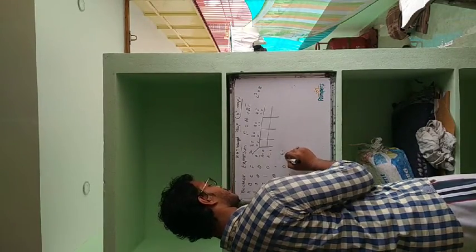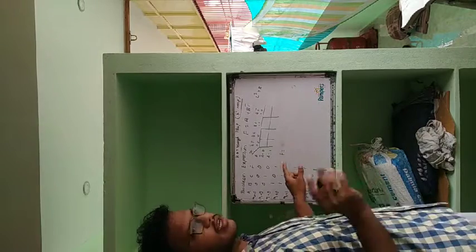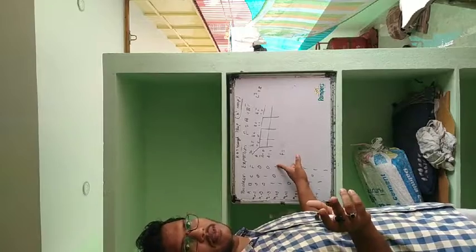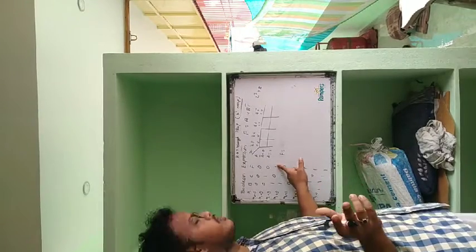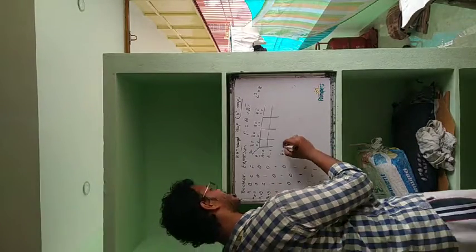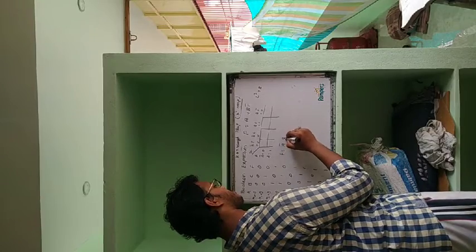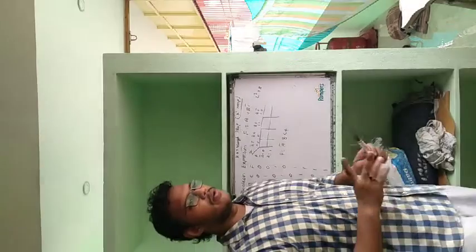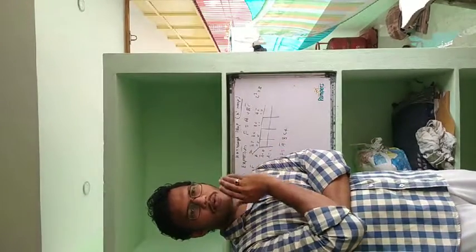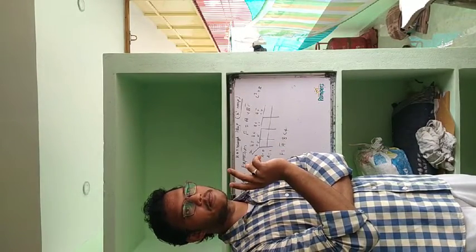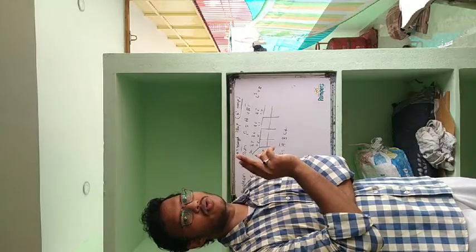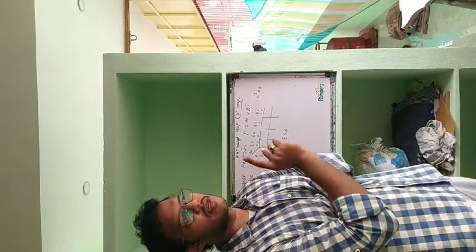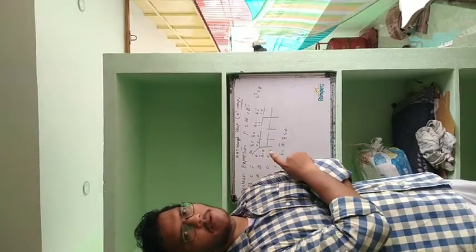You will take only the functions which have 1. So you take A bar B C plus and so on. We have two ways to solve the Boolean expression. One way is the algebraic method. The other way is the K-map.